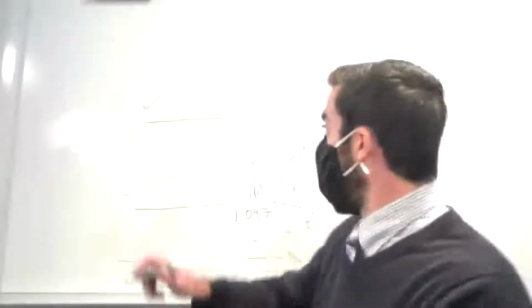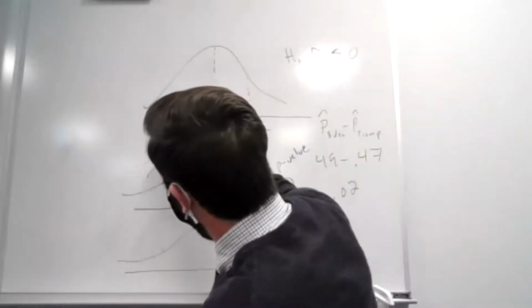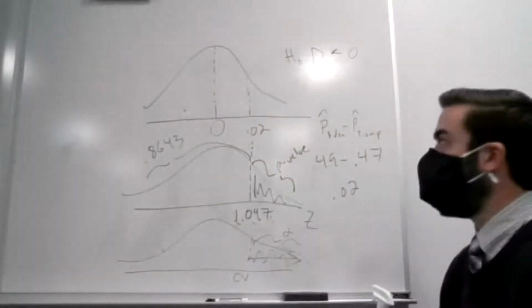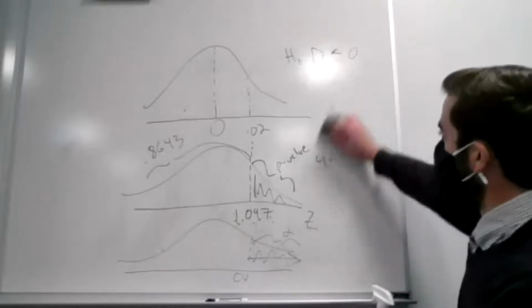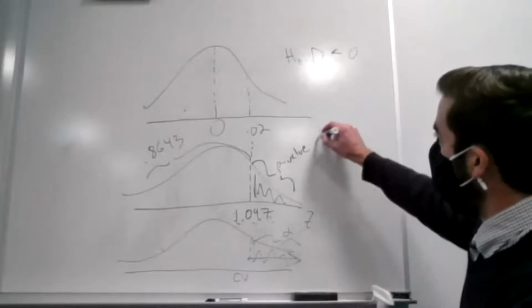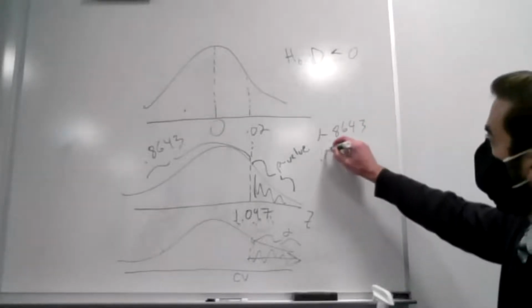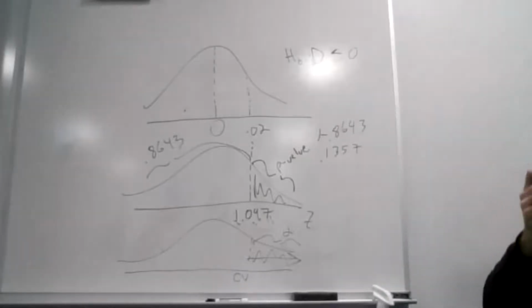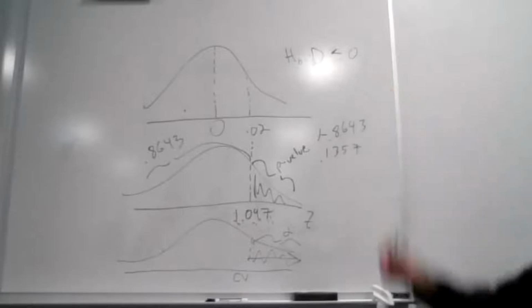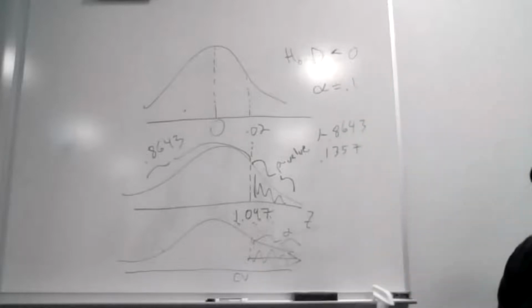So 0.8643 was the area to the left of that value. I wanted the area to the right, so 1 minus 0.8643 should be 0.1357.